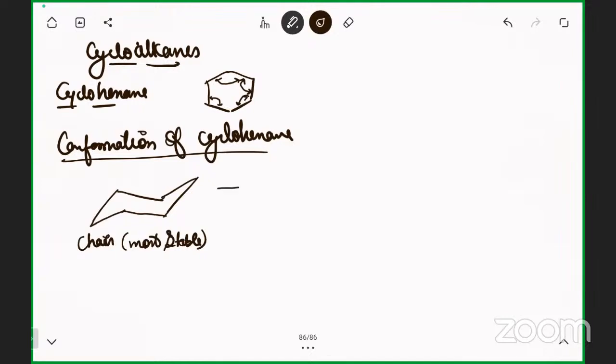Then let's move to another example, that is half chair. Half chair is typical to make. Half chair is like this. This is called half chair. These are the conformations of cyclohexane.